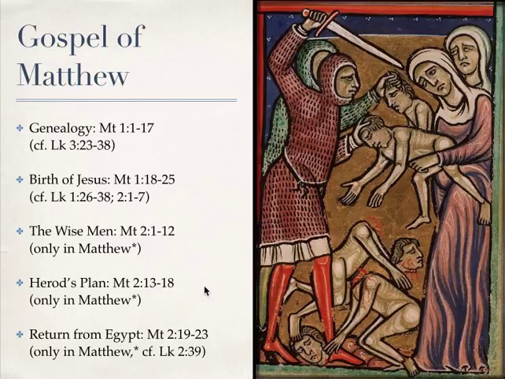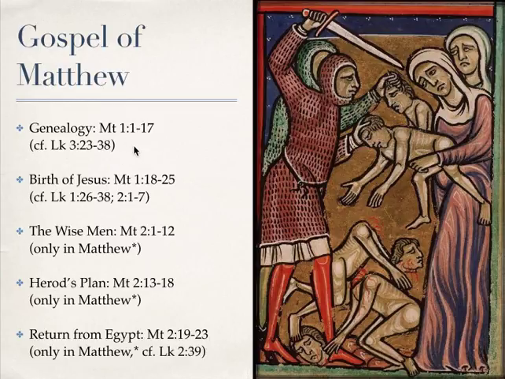Now, what I want you to do is look at the genealogy of Matthew 1 through 17. This is where Matthew talks about Jesus' genealogy, and compare that to the genealogy in Luke chapter 3, 23 through 38. I want you to spend some time after this presentation reading carefully the differences between these genealogies.